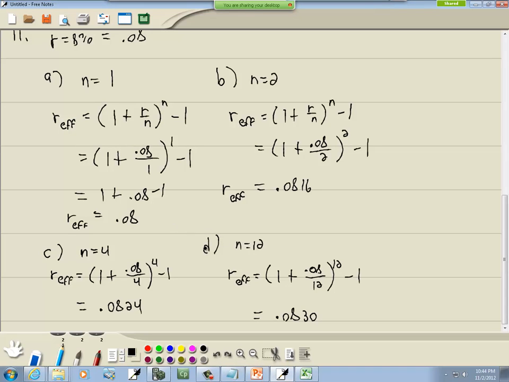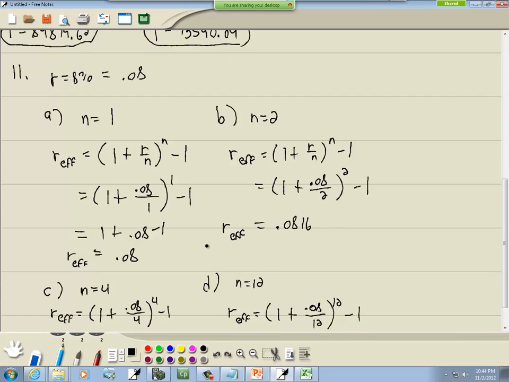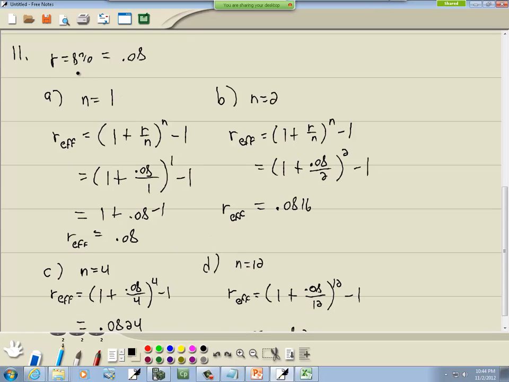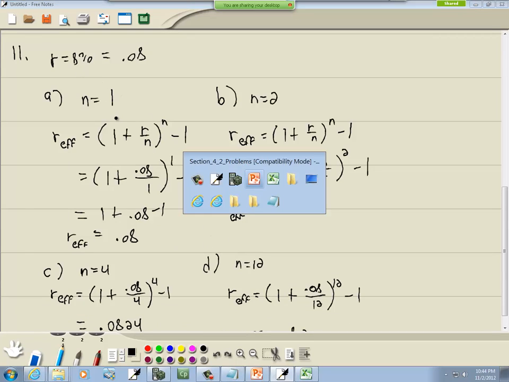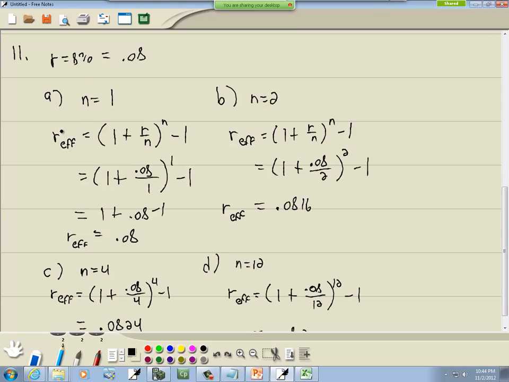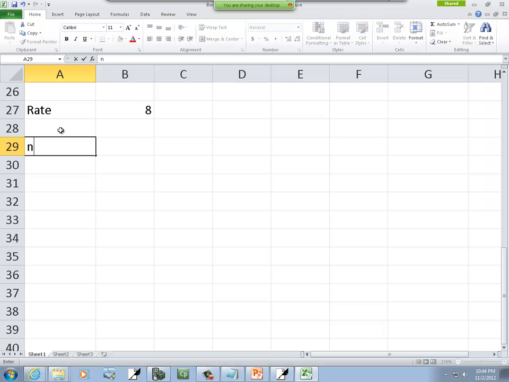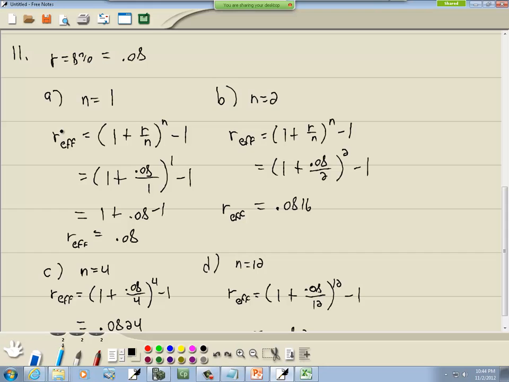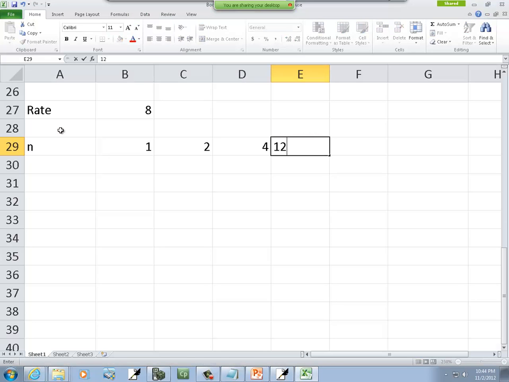Okay, let's look at how to do this in Excel. We need R, so we need our rate. And that's 8%. So then here I'm going to have N, I guess. I'll have 1, 2, 4, and what's the last one? 12.